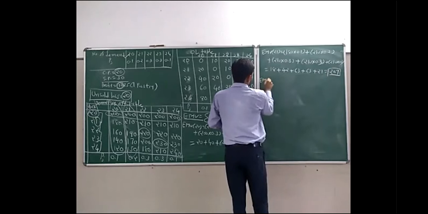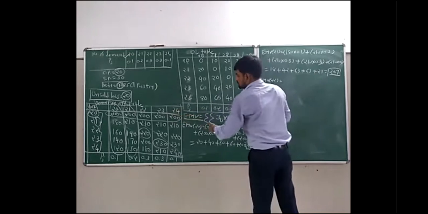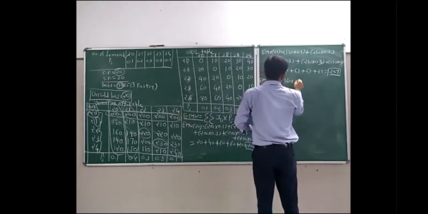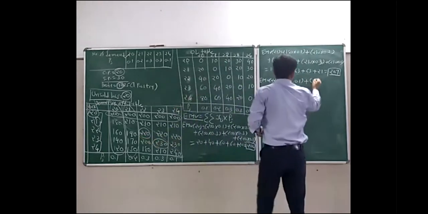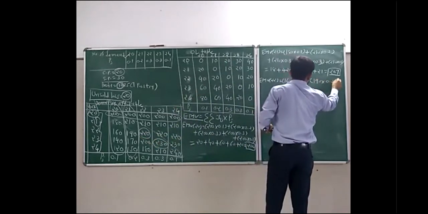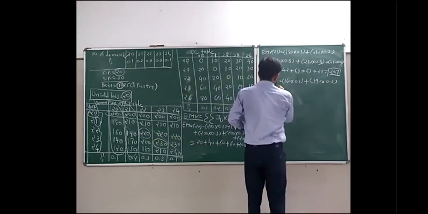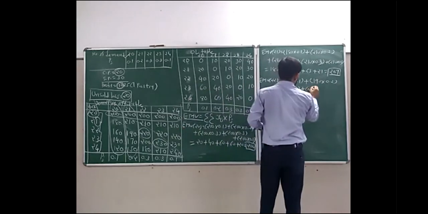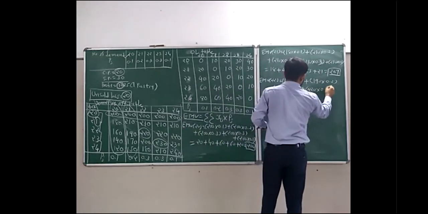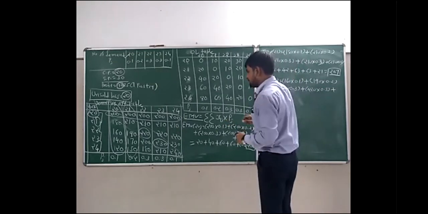Then EMV for 22, now the third row: 160 into 0.1 plus 190 into 0.2 plus 220 into 0.3 plus 220 into 0.3 plus 220 into 0.1.